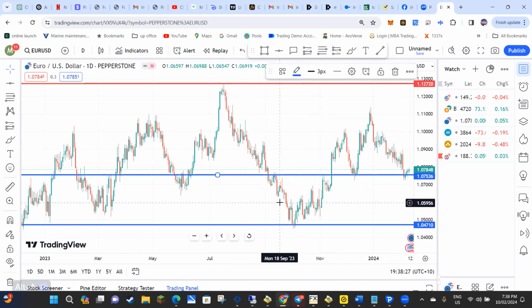So as I said, for me, support is just a place where the market's going to stop and start going up. That's what support is for me, where the market starts to go up. Maybe it was already going up and stopped for a while, so maybe it went up and then went sideways for a while and then started going up for some reason, which we'll learn how to identify.